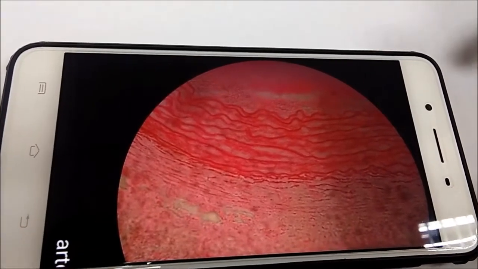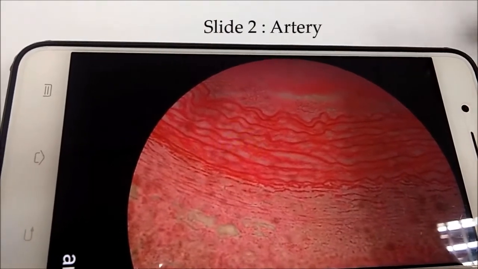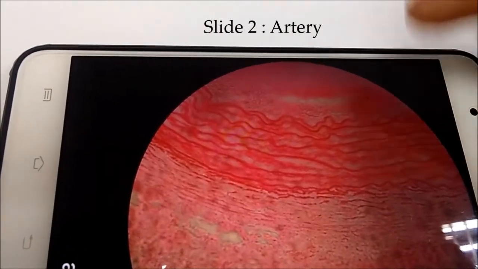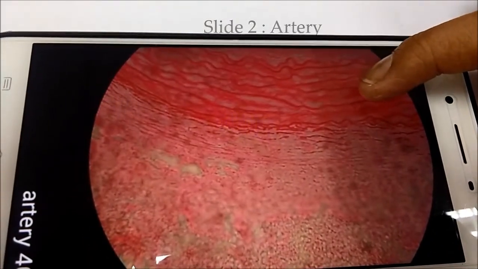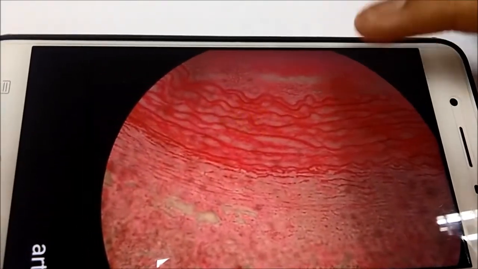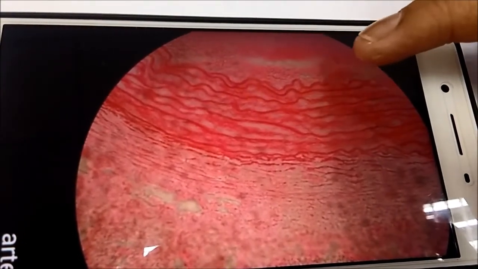Okay, the second slide is an artery slide. So this is the structure of artery. As we can see, the outermost layer is the tunica intima.